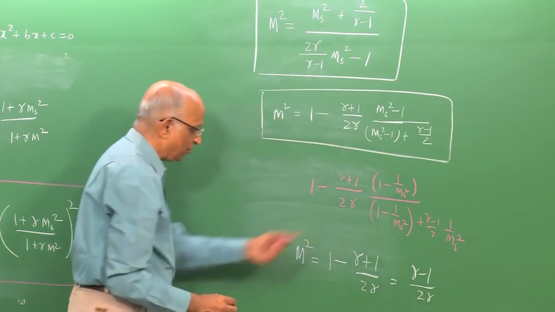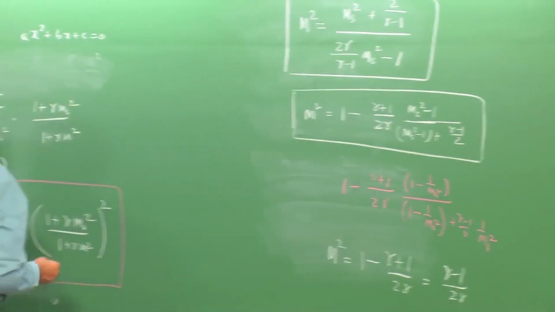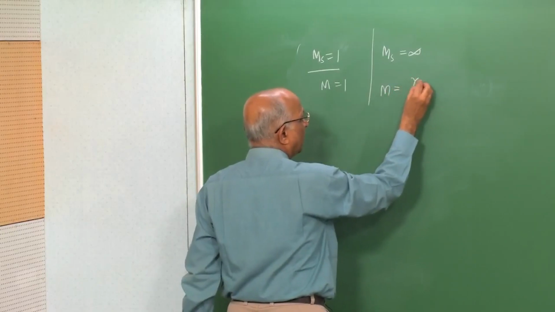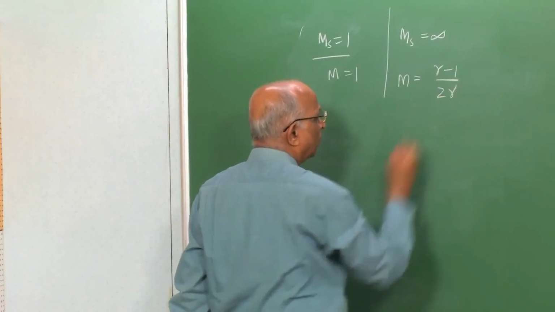This is the value of M squared. Therefore, in the limit of a very strong shock wave, extremely strong, I get M equal to the square root of gamma minus 1 divided by 2 gamma.